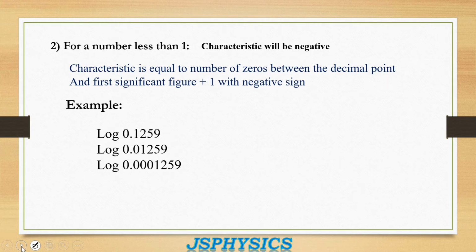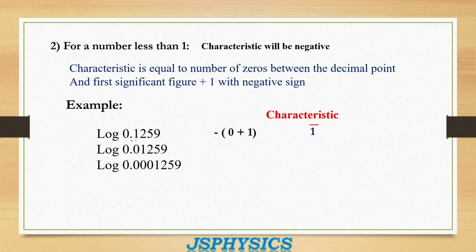We will find the log of 0.1259. Now in this case, between decimal point and first non-zero number, that is between this decimal point and 1, there are no zeros. So number of zeros are 0 plus 1 with negative sign. So minus 0 plus 1, that gives me the answer of characteristic as bar 1. So characteristic for log of 0.1259 will be bar 1.